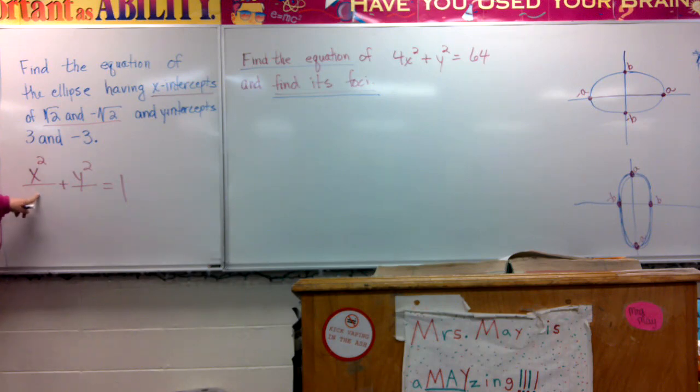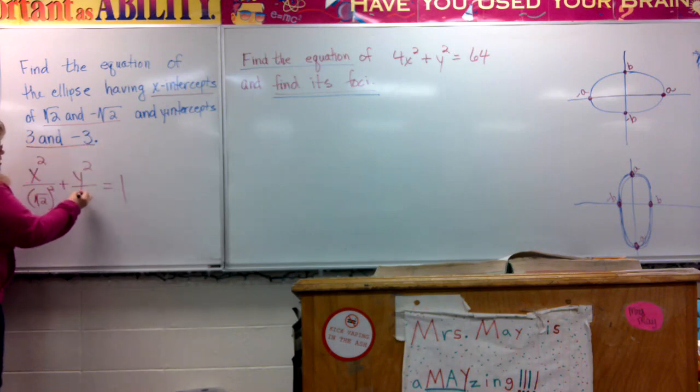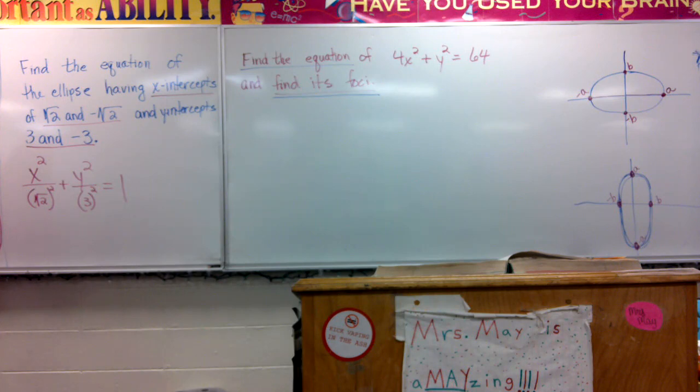Underneath the x squared goes the x-intercept squared. I've got root 2 and negative root 2. Does it matter which one I use? No, because I'm squaring it, right? And underneath the y goes the y-intercept squared. And again, it doesn't matter which one I use because I'm squaring it, right?